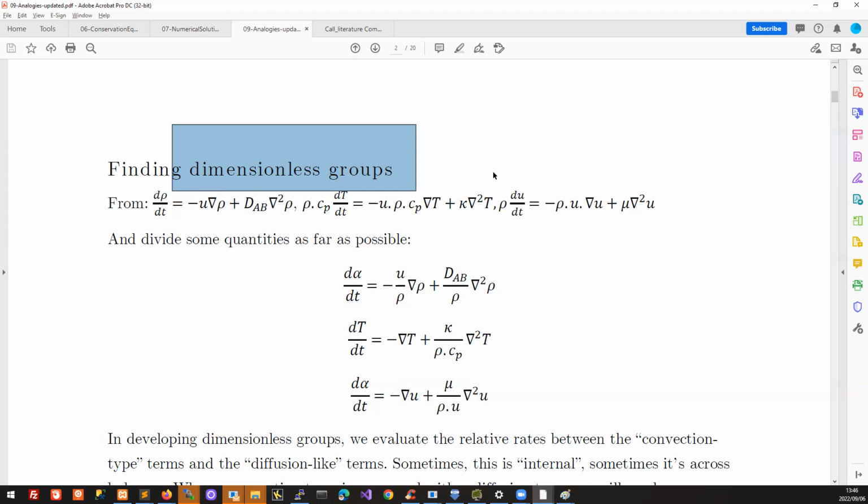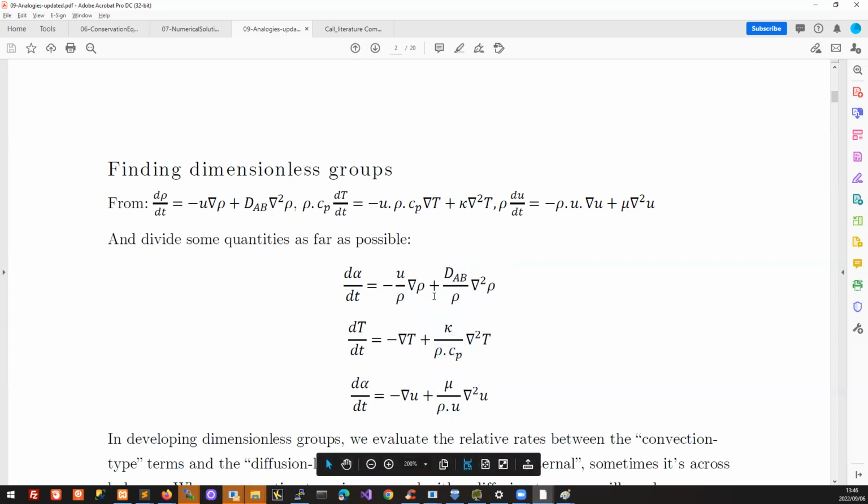So instead of writing concentration, I'll write concentration divided by initial concentration, just to make it dimensionless. And the thing is, when you start doing that and you start finding dimensionless groups, right? These are not yet dimensionless, but you can see some kind of ratioing. So I'm trying to divide some of these things out.